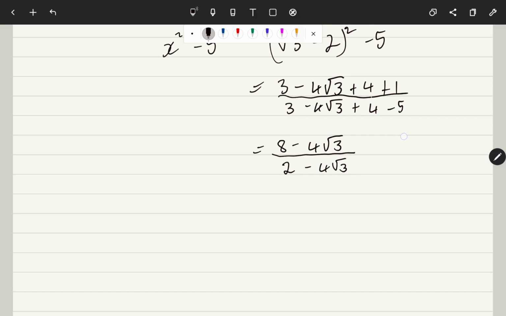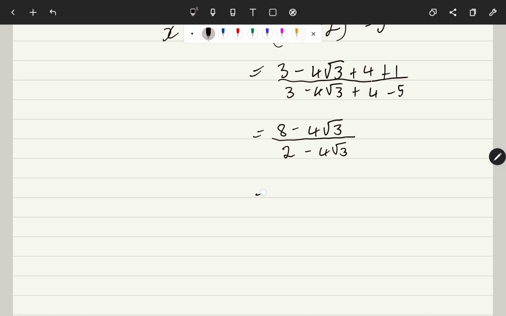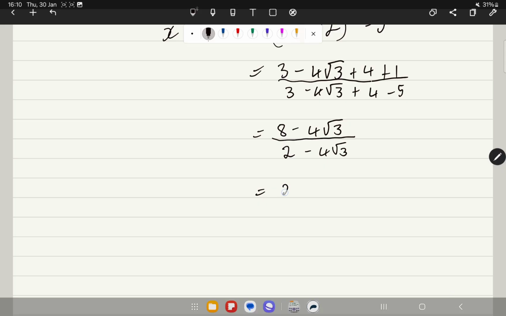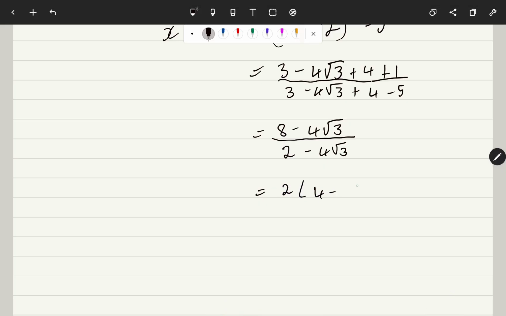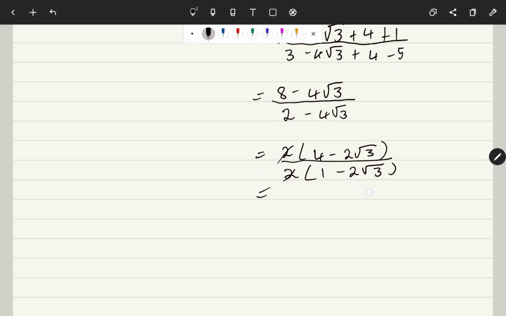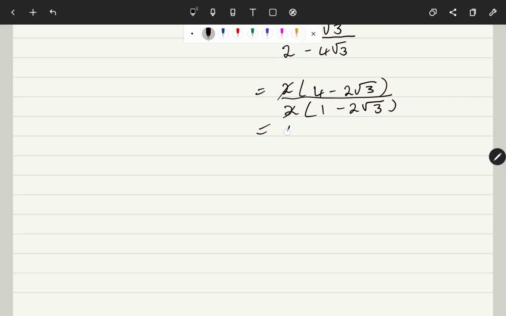I can just take out the common factor. The highest common factor amongst all, which is gonna be, I think, 2. So they cancel out each other, and now I have this.